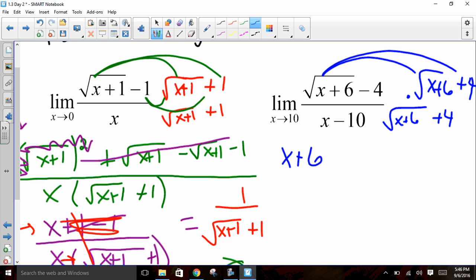We know that if we multiply square root of x plus 6 times 4, it's going to give me 4 square root of x plus 6. And then if I do it again with the negative, they're going to cancel each other out. That's the whole point. We want to get rid of those, so we don't need to write those.